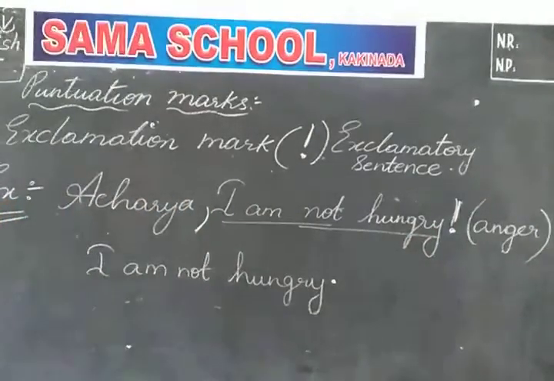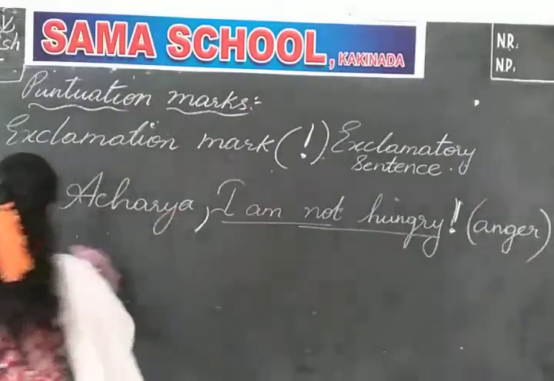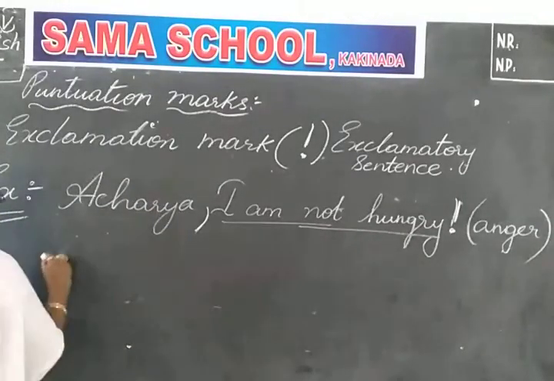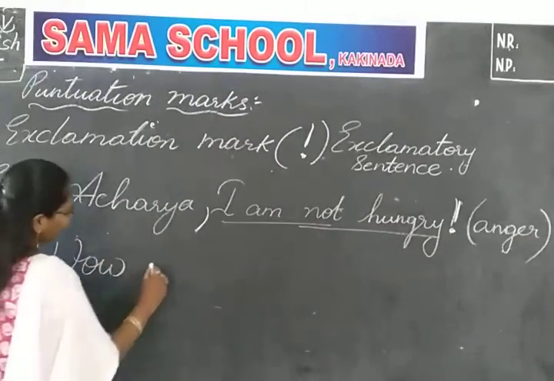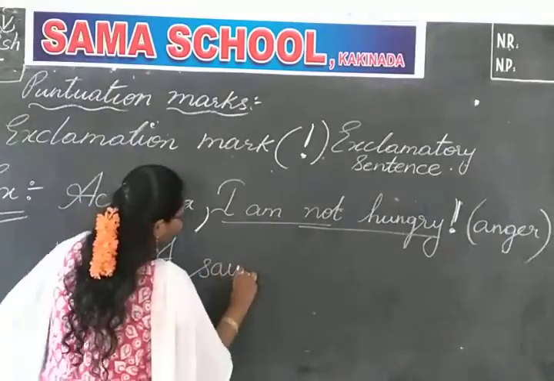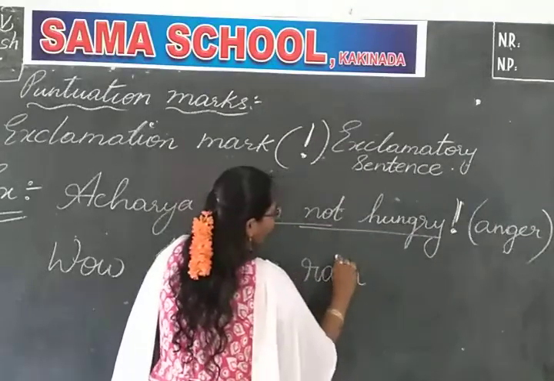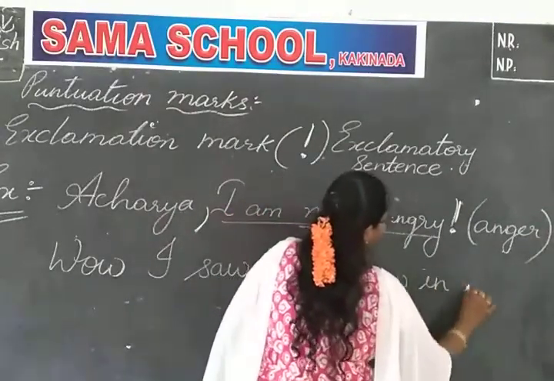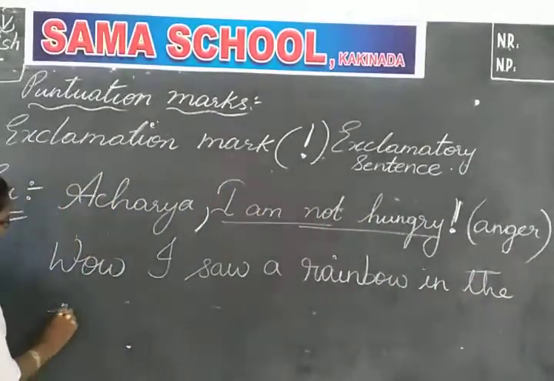Coming to the next type of sentence. Next one. Wow. I saw a rainbow in the early hours.